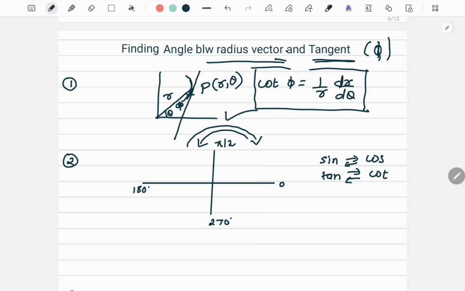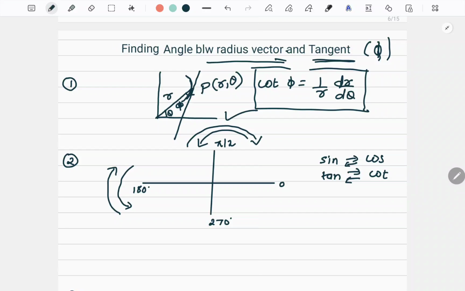So whenever we cross it, we change the nature. But whenever we cross the horizontal line, that is 180, no change happens. Sine remains sine, cos remains cos, tan remains tan, cot remains cot. So this concept helps convert sine to cos, tan to cot or cot to tan. But when you cross the horizontal line 180, there is no change in the function.